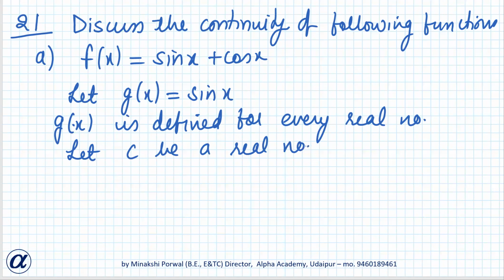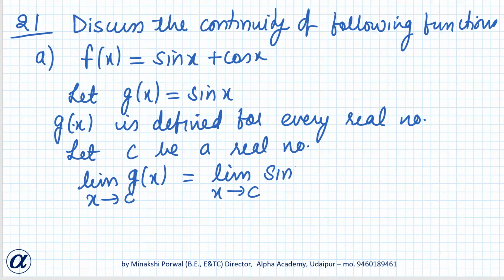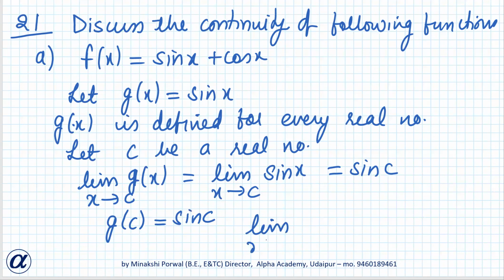So limit x tends to c of g(x) equals limit x tends to c of sin x, which is equal to sin c, and g(c) is equal to sin c. So limit x tends to c of g(x) equals g(c). So g is a continuous function.